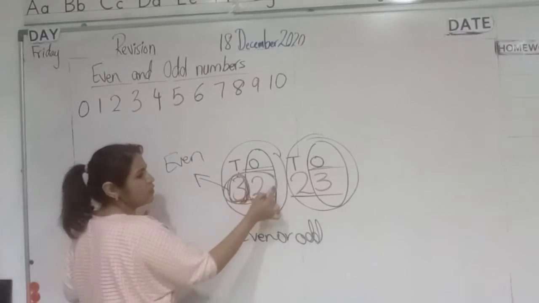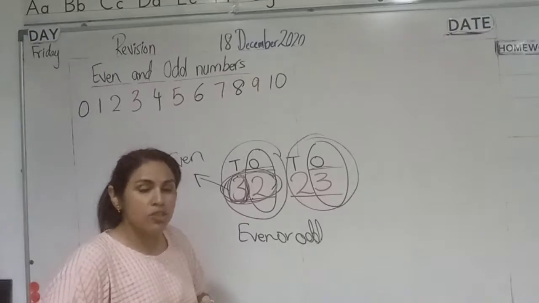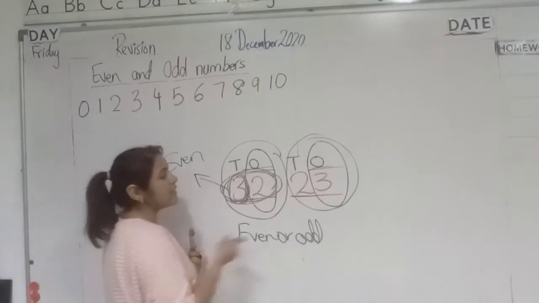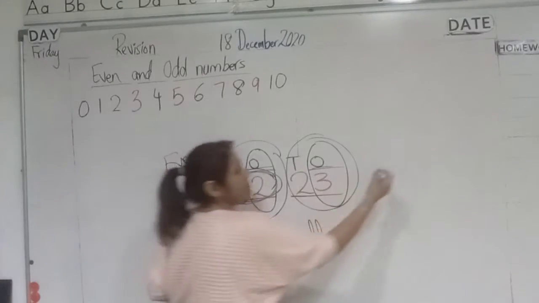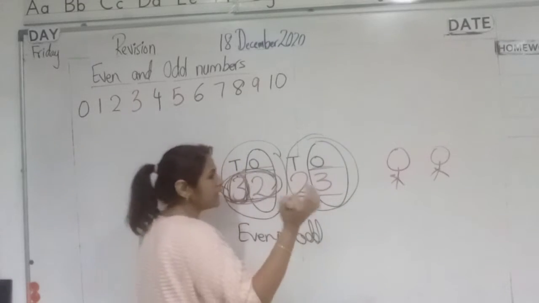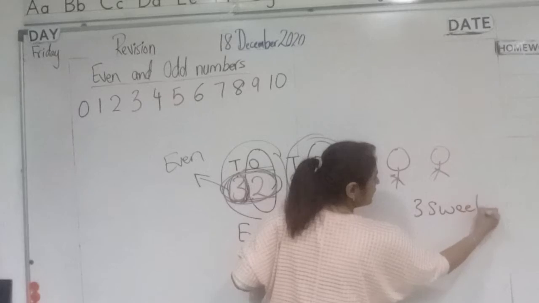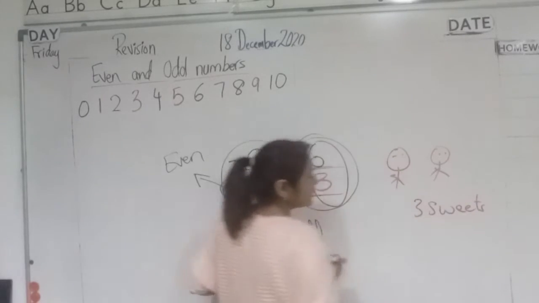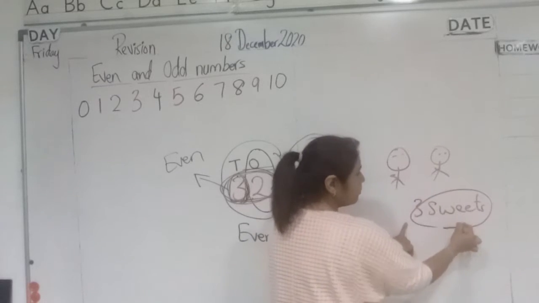Because 32 can be equally divided among children, whereas the odd numbers cannot be equally divided. Say for example, you have 2 people, and say you have 3 sweets. Can you equally give 3 sweets to 2 people?